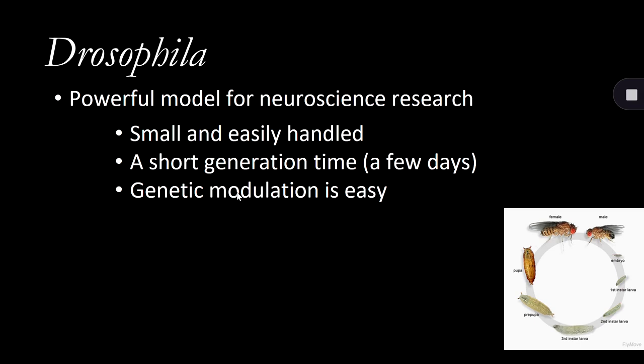They have a very short generation time. They proliferate in just a few days. So in probably a week, you are going to see the number of flies double. And their genetics are easy to modify. That's why a lot of neuroscience research prefers Drosophila. Not only neuroscience, there are actually people who study diabetes who also use Drosophila as their models.